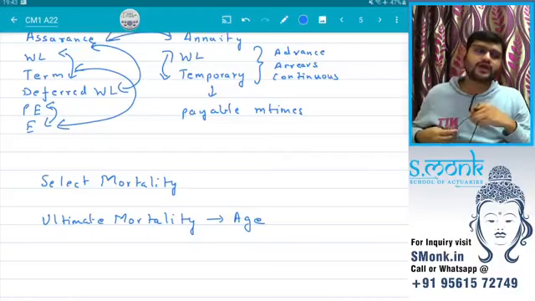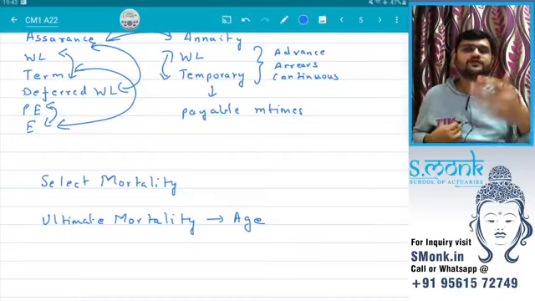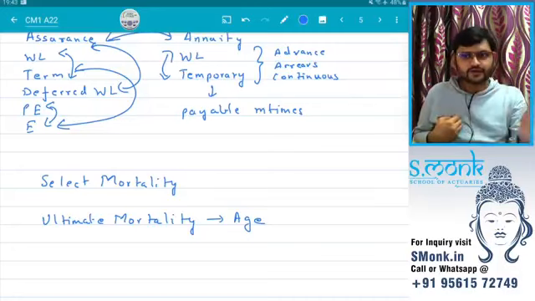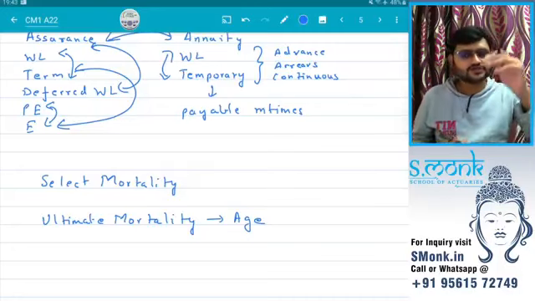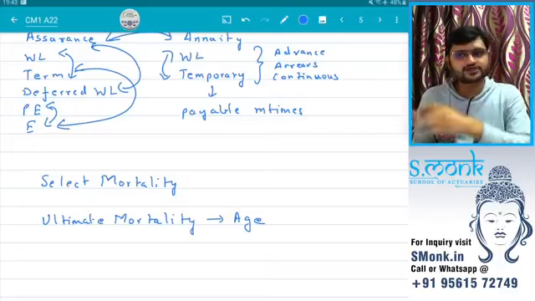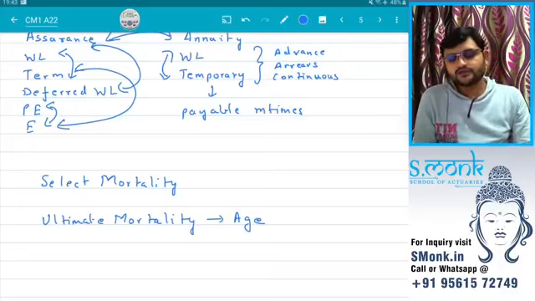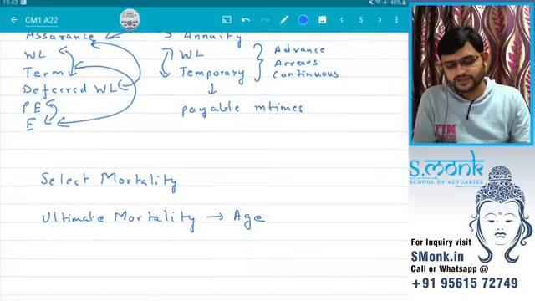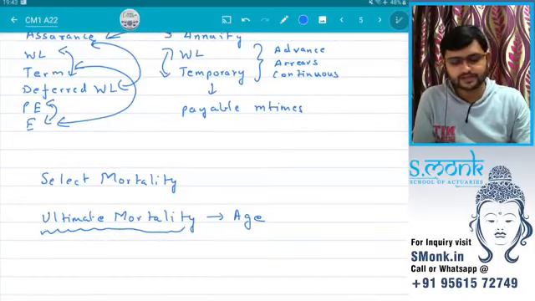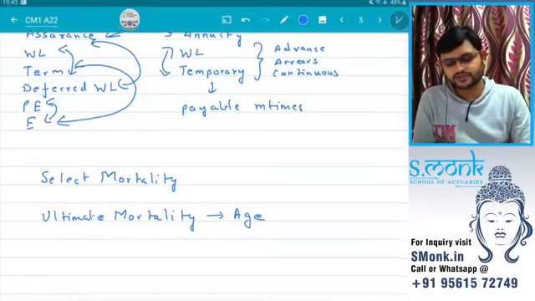And according to age, we said we will have different values. So if a person is age 20, we will have a different type of premium and calculations for that. A person who is age 50 will have different calculations, right? That is what we were saying: different assurance values, different annuity values and everything. So when we are talking about an ultimate mortality table, the only variable factor there is age.